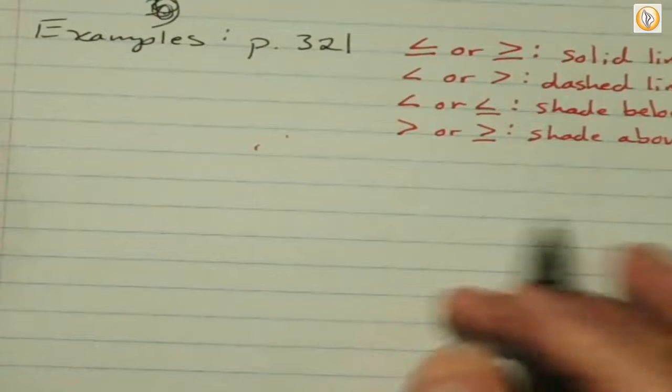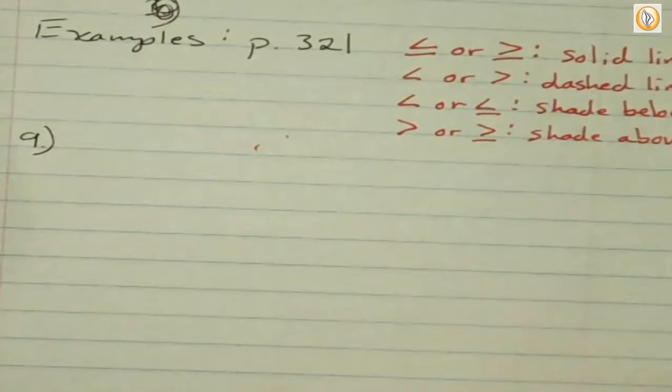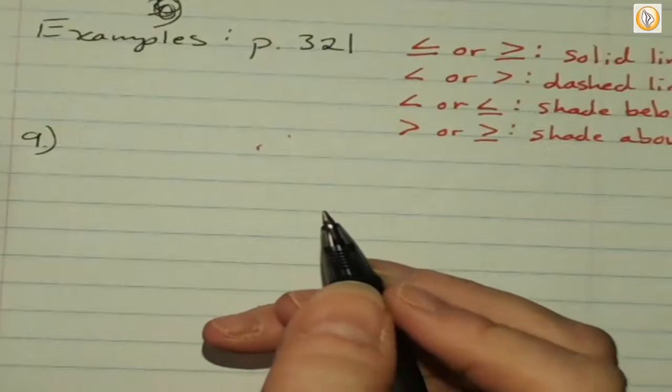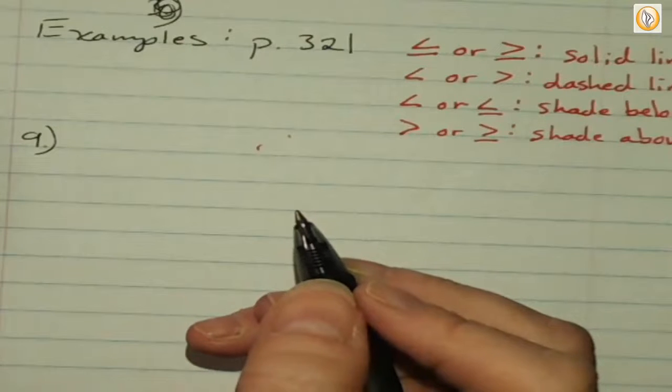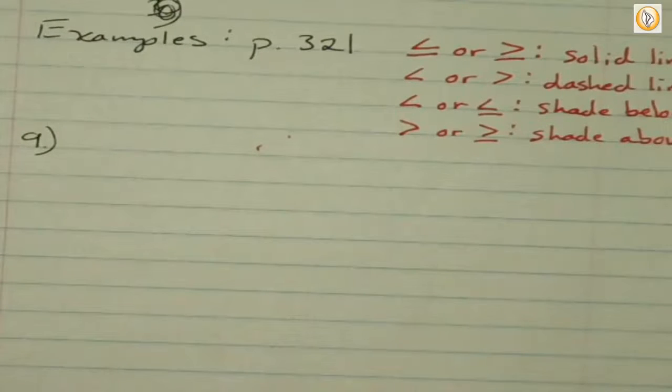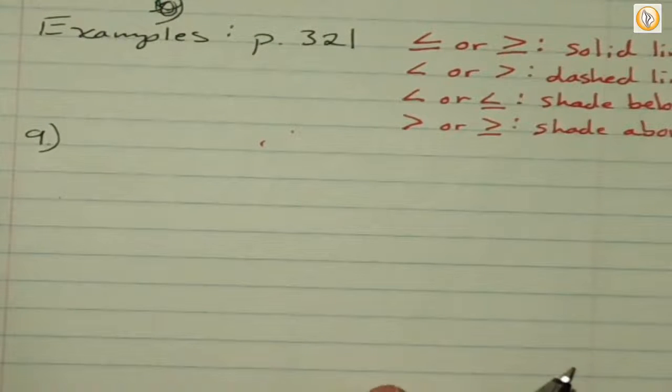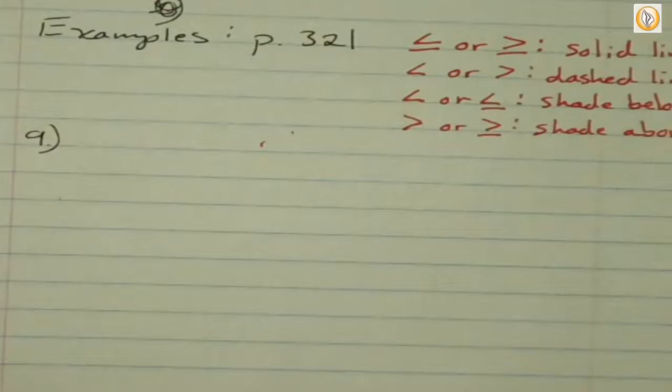Okay. So let's look at number 9. It says, graph each system of inequalities, list one point in your solution set. No, you don't have to do that. Okay, all we're going to do is graph each system of inequalities, and then you're going to show the solution.